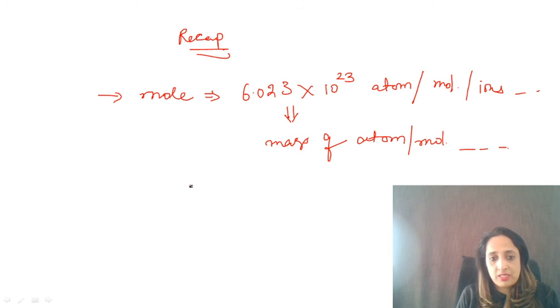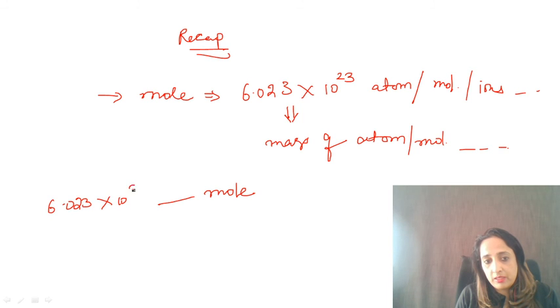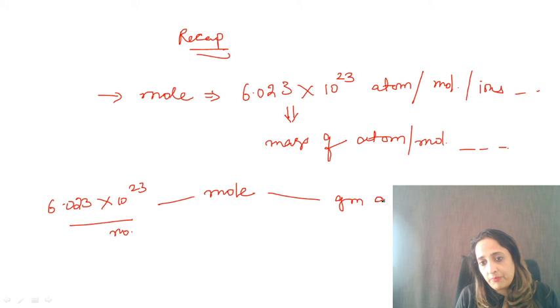So technically, a mole of something is equal to 6.023 into 10 raised to power 23 atoms, and it is equivalent to the gram atomic or molecular mass of that.